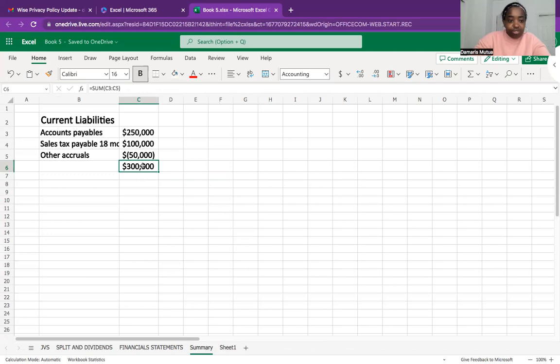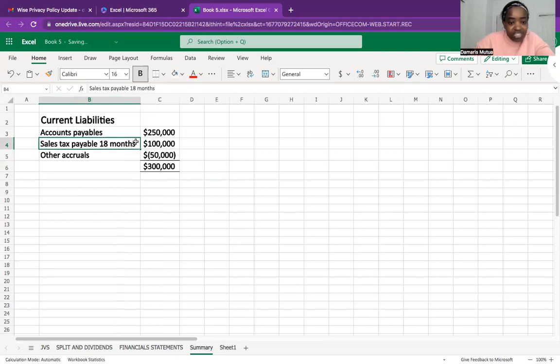But looking at this schedule, we have the accounts payable, we have some sales tax that is payable within 18 months, and we have other accruals. And we have our other accruals sitting here as a negative. So this could be a mistake, because accruals need not be moving in the opposite direction with the other payables. So probably this is a receivable, and we need to reclassify this into receivables.